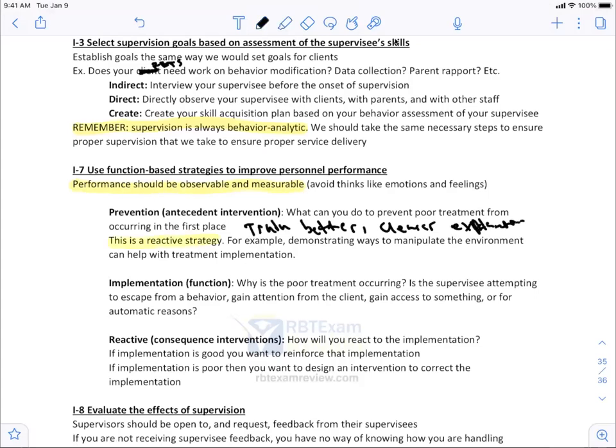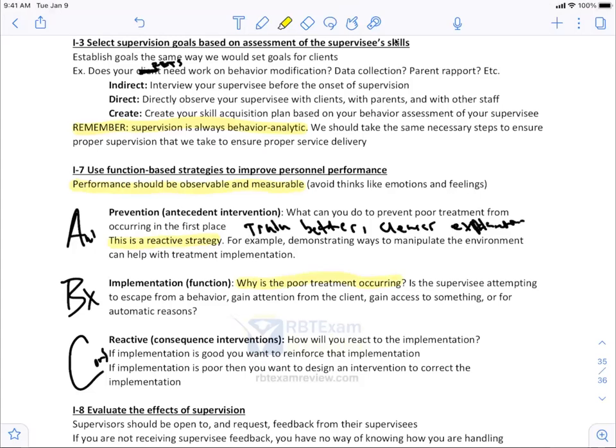This is a reactive strategy, okay? Implementation. Why is poor treatment occurring? It's actually going on. So if we think of ABC, this is A, this is B, this is C, the consequence, okay? So why is the poor treatment occurring? Is the supervisee attempting to escape from behavior, gain attention from your client, gain access to something, or for self-stimulatory reasons?